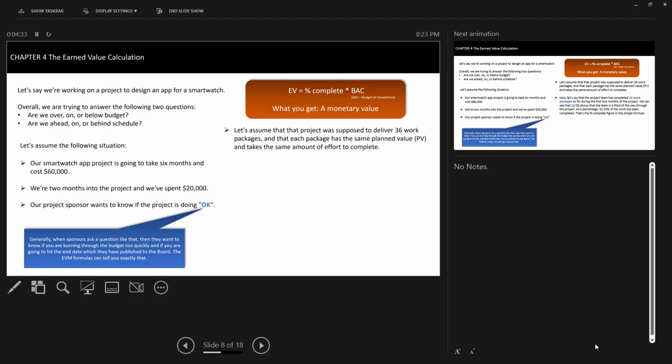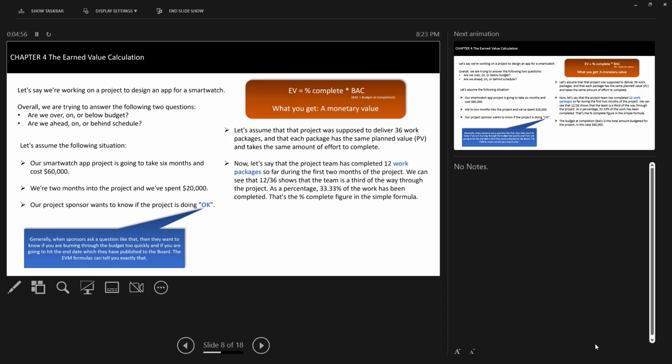Let's assume this project was supposed to be delivered with 36 packages, different sections, and each package has a particular planned value. There's an amount for each of these packages. And let's assume we are taking the same amount of effort across those 36 packages.